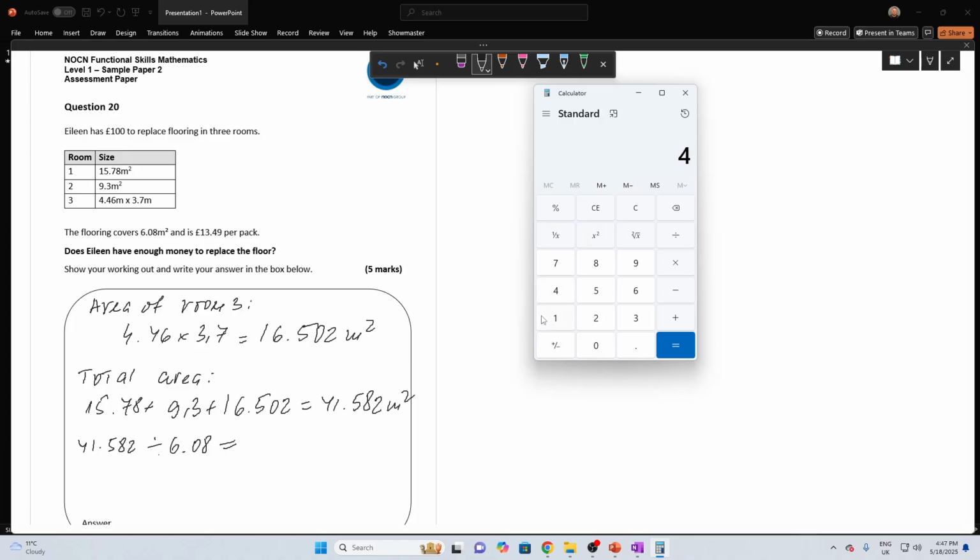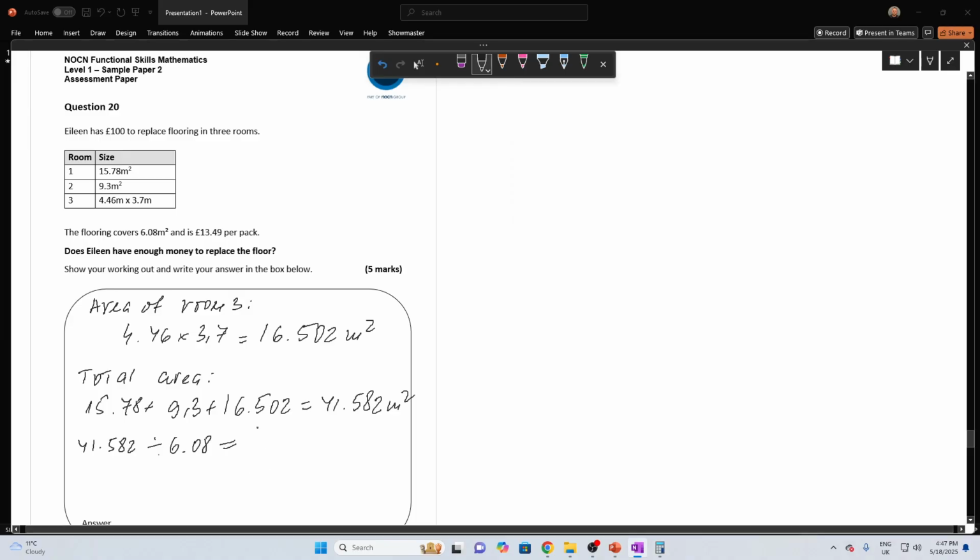So I have 41.582 divided by 6.08, and this is 6.839, so 1. That means I need 7 packs, because if I buy 6 it's not going to be enough, so we need 7.